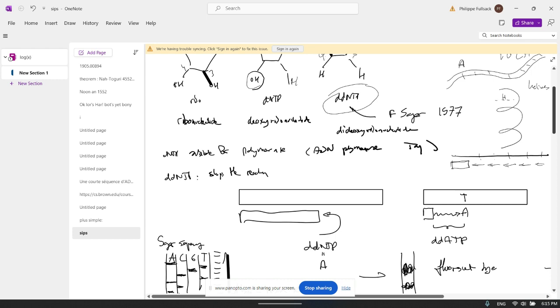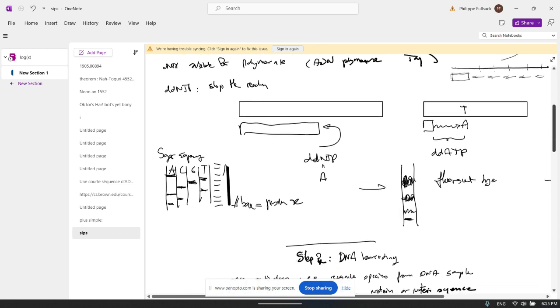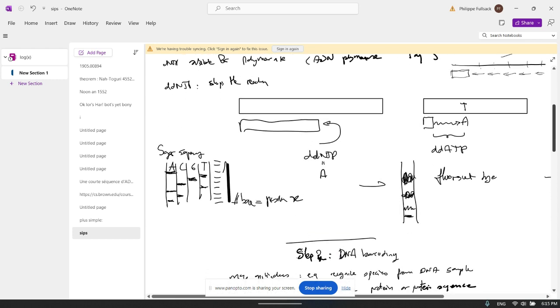So the idea of Sanger was to actually use 4 tubes. In each tube, you put a primer, you put the nucleotides, you put a template, and you put radioactively labeled ddNTP.